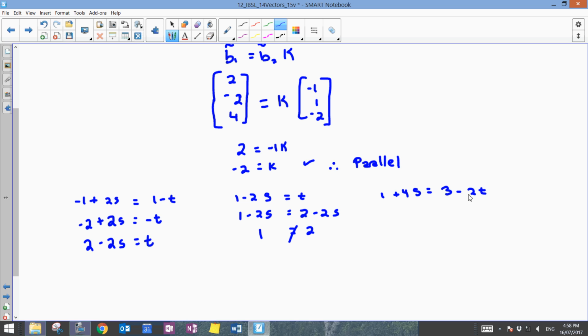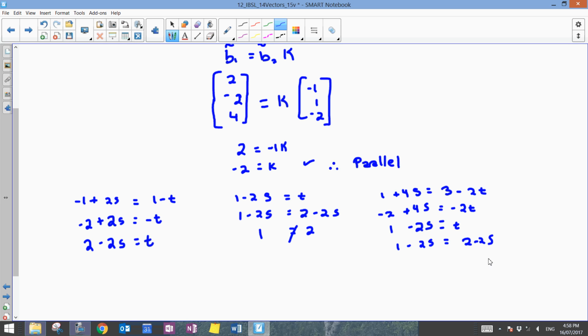And then here if I solve for t, I subtract 3, I get negative 2 plus 4s equals negative 2t. Let's say I divide by negative 2, so t equals 1 minus 2s. So again, if 1 minus 2s is equal to 2 minus 2s, we run into the same problem.